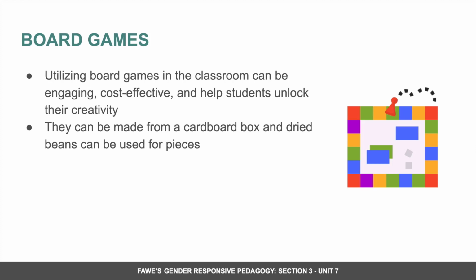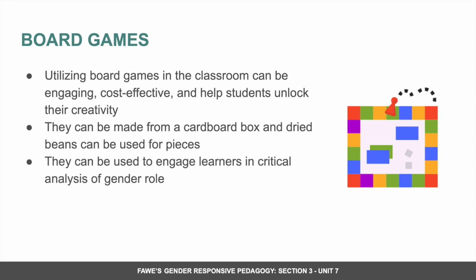You do not need to have real markers for a board game. Using dried beans or popcorn seeds works just as well. The board game can include elements that break down stereotypes and provide models for boys and girls to see themselves in many different roles and with many different skills.